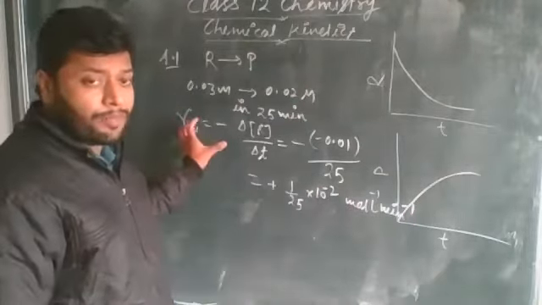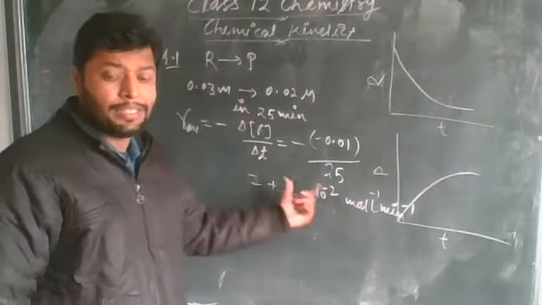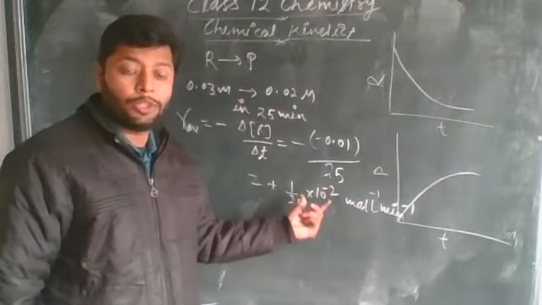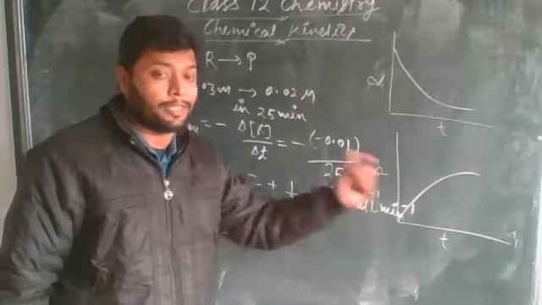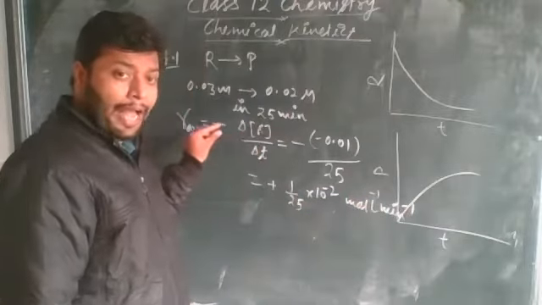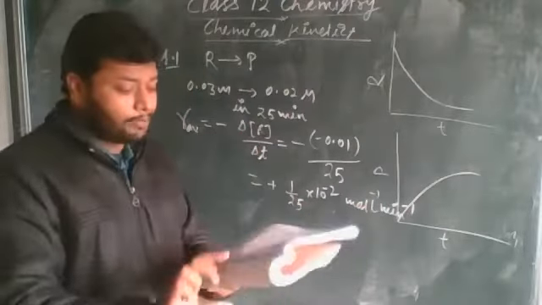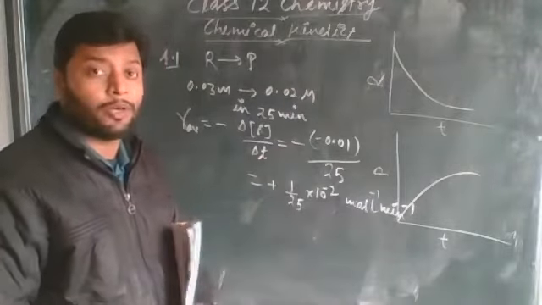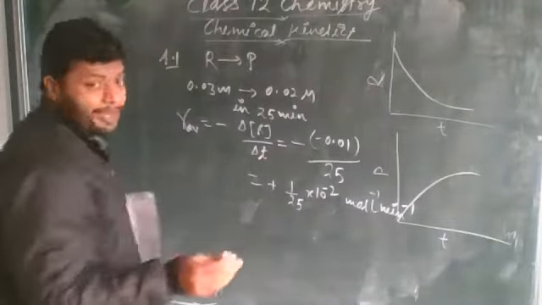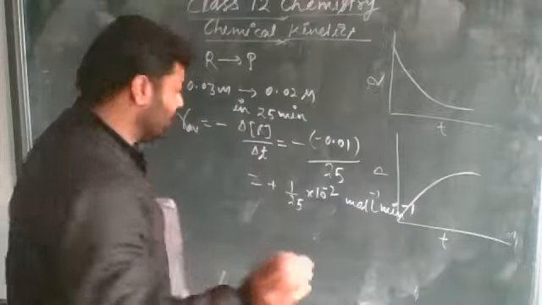So the average rate of reaction for this given condition is 1 by 25 into 10 to the power minus 2 mole per liter minute inverse. The same answer you can calculate in terms of second, because they are asking about second also. For second you just have to divide by 60.